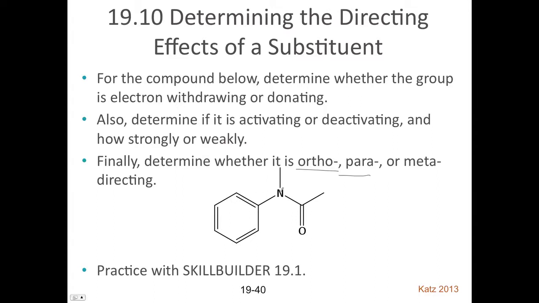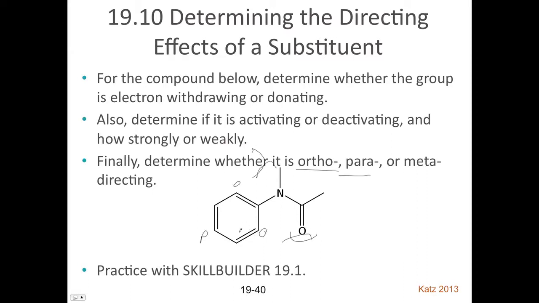But what do you think overall this guy here would direct? Do you think it would direct only ortho, only para, mostly ortho? I won't wait for your response, because I'm just looking at the screen right now, not talking to really anybody. But this is a very large group right here, right? So there's lots of steric hindrance going on right there.